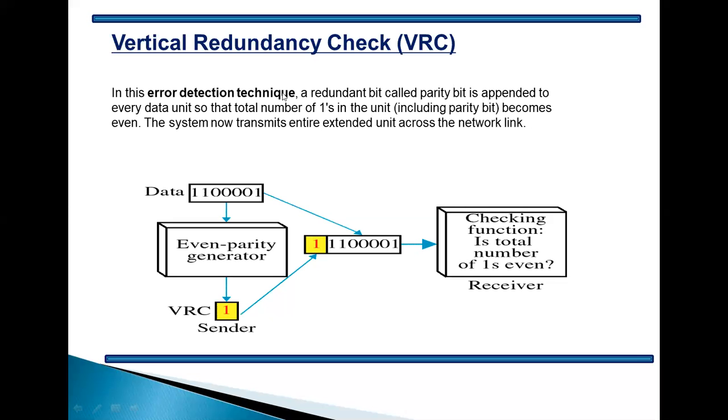This is an error detection technique. A redundant bit called parity bit is appended to every data unit so that the total number of ones in the unit, including the parity bit, becomes even.